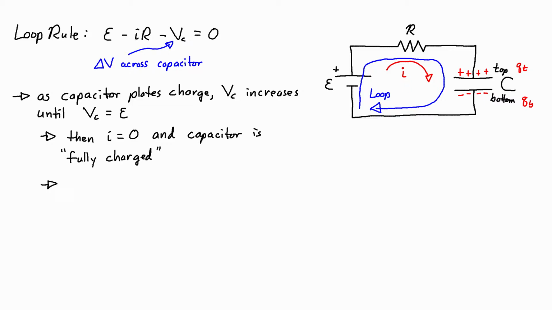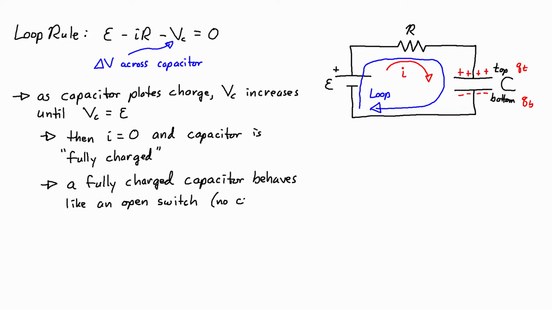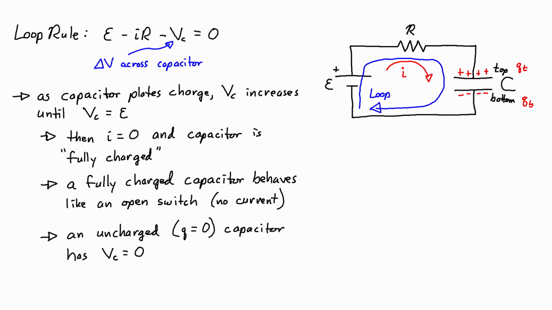Now, noticing that the current is 0 when the capacitor is fully charged gives us a general guideline that a fully charged capacitor behaves like an open switch. There's no current. We can contrast this with an uncharged capacitor, and uncharged is a keyword meaning that Q equals 0. And an uncharged capacitor has a potential difference across it of 0, and only for an instant behaves like a wire.